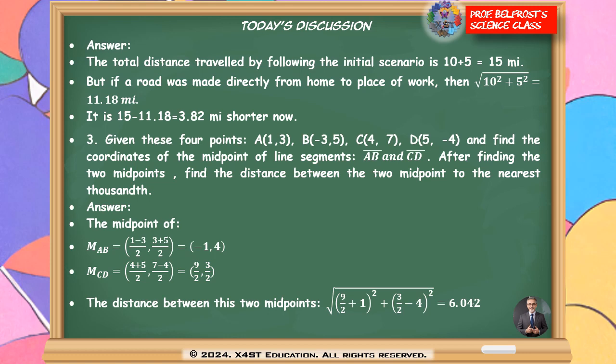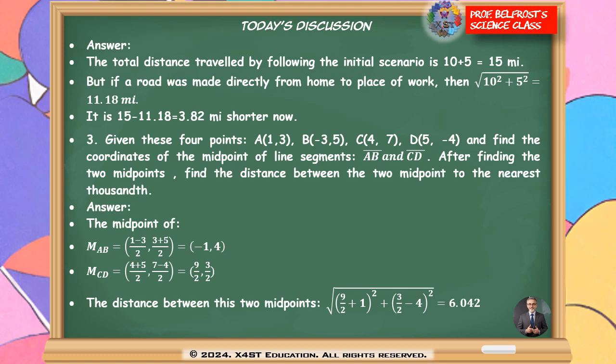If a road was made directly from home to the place of work, what will be the distance to the nearest tenth of a mile, and how much shorter will the trip be every day? The total distance in the initial scenario is 15 miles, but with a direct road it's just about 11.2 miles, to the nearest tenth. So it's about 15 minus 11.2, about 3.8 miles shorter.